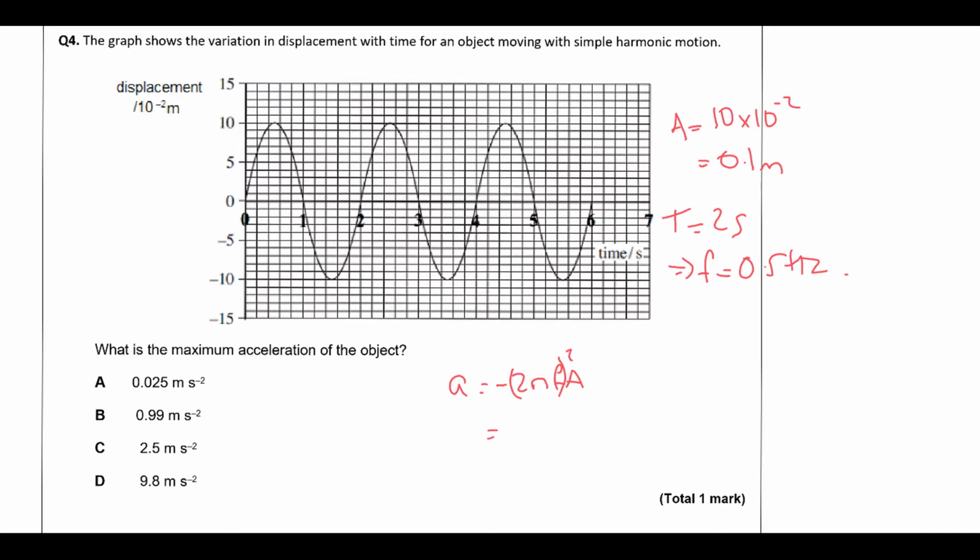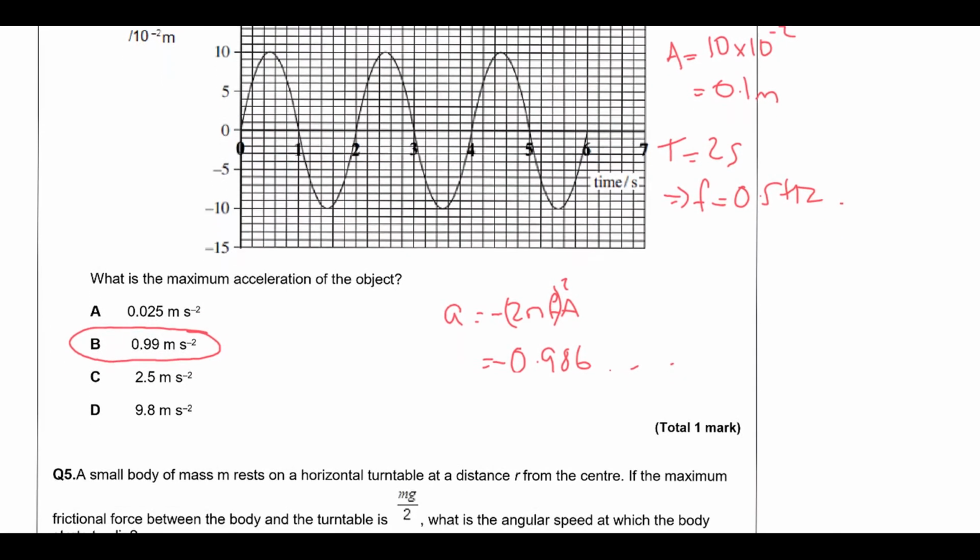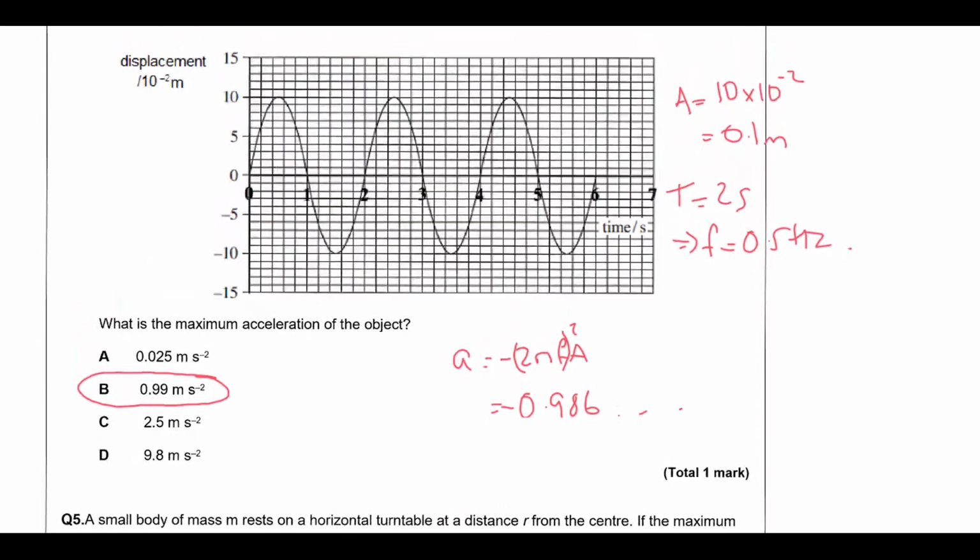So we do 0.5 times 2 times pi, squared, times 0.1, which gives us 0.986 and so on. So that's going to be option B there, and we'll get that at the points of maximum displacement, because we know the acceleration is directly proportional to displacement, so a will be maximum when displacement is maximum.